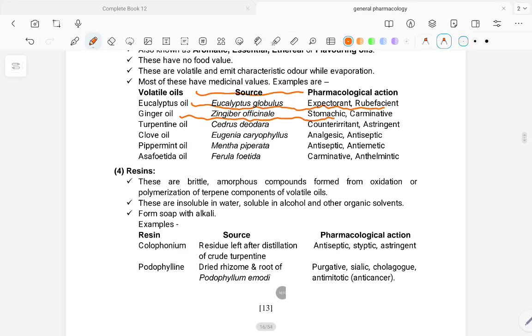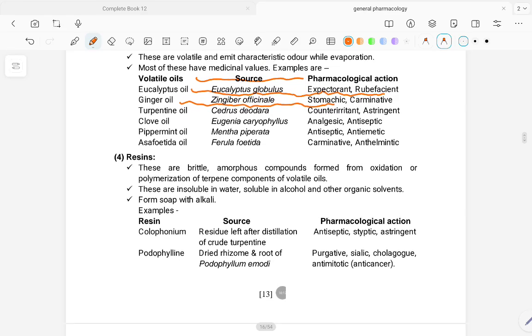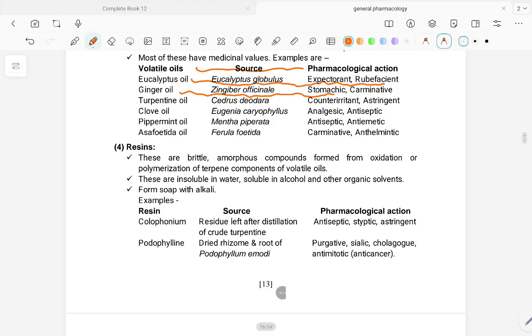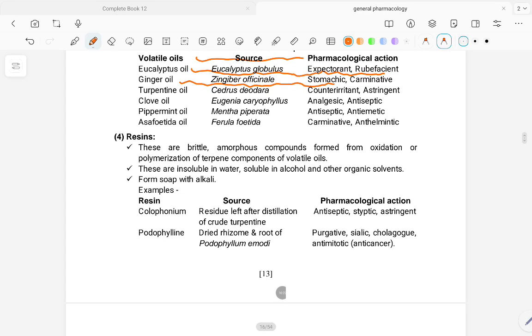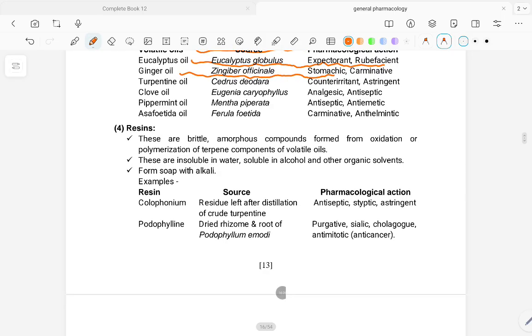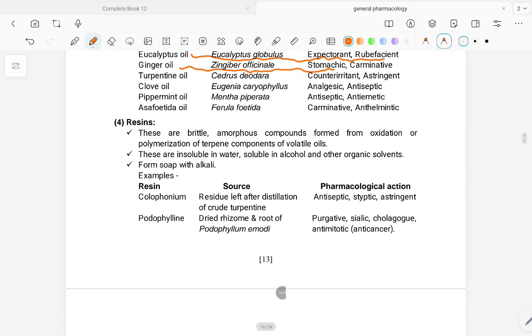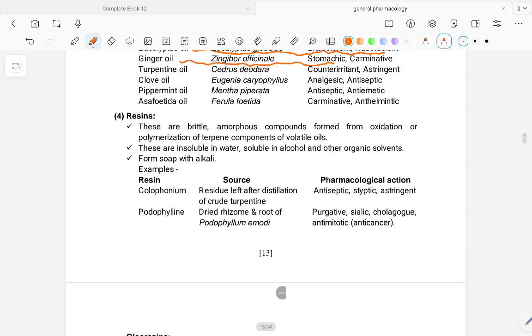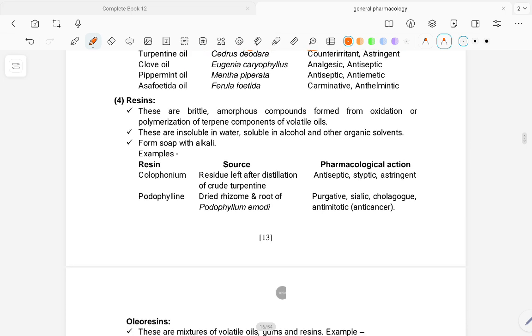Turpentine oil, Pinus species, counterirritant, astringent. Clove oil, Eugenia caryophyllus, analgesic, antiseptic. Peppermint oil, Mentha piperita, antiseptic, antiemetic. Asafoetida oil, Ferula foetida, carminative, antihelminthic.